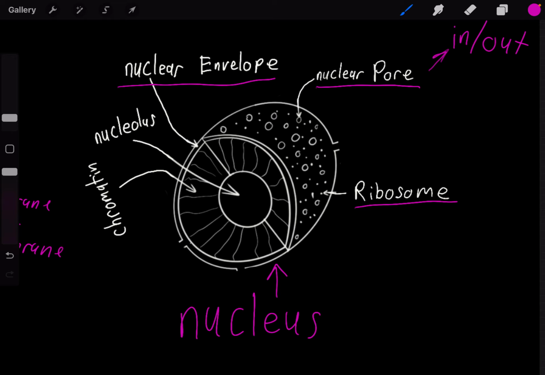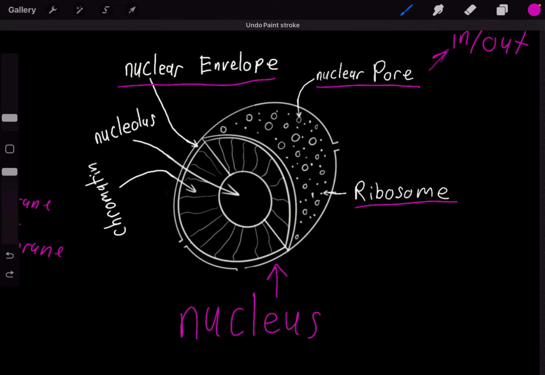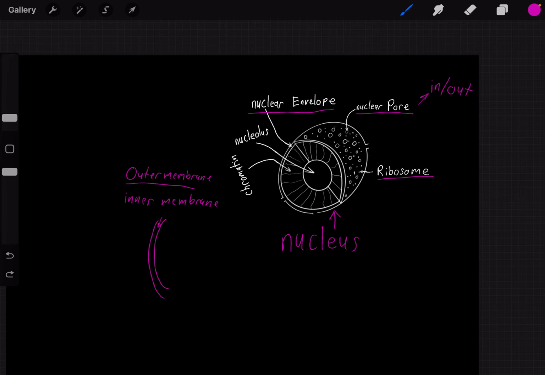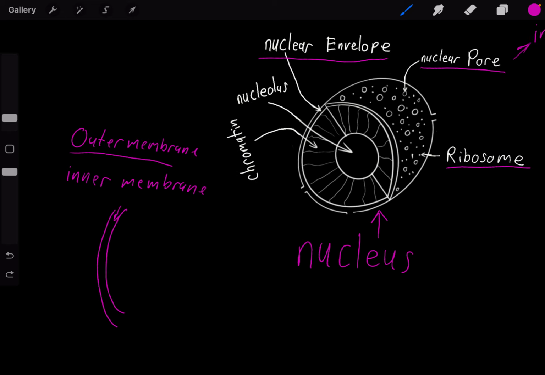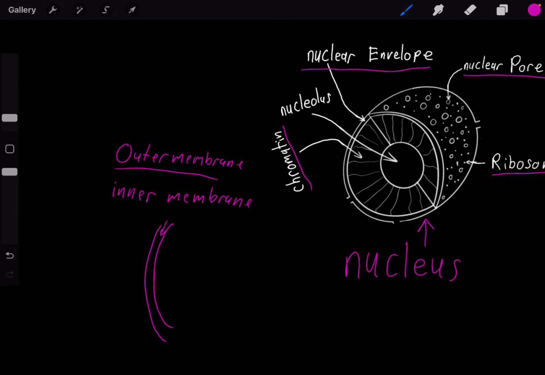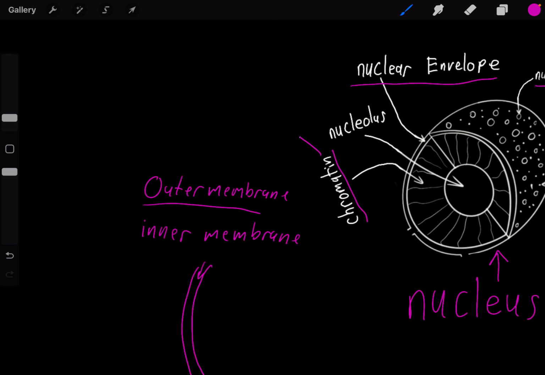We have chromatin. Chromatin is kind of free floating around. We'll go over probably in another chapter how it forms as a chromosome when the cell is splitting. But for right now, just know that chromatin is basically DNA wrapped around proteins called histones.